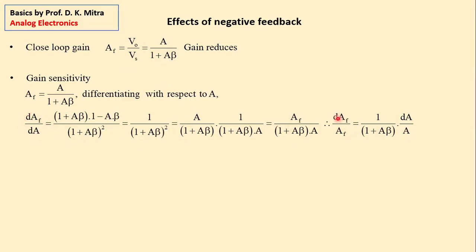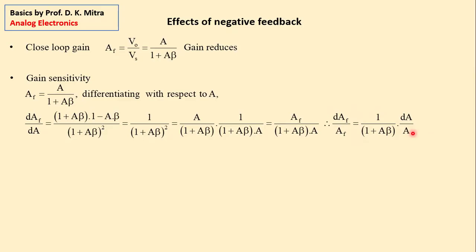Now, the equation dAF by AF is a representation of the fractional change of the feedback closed loop gain, right? Say 10% or 2% change of closed loop gain. And dA by A is the fractional change of the open loop gain of the original amplifier.